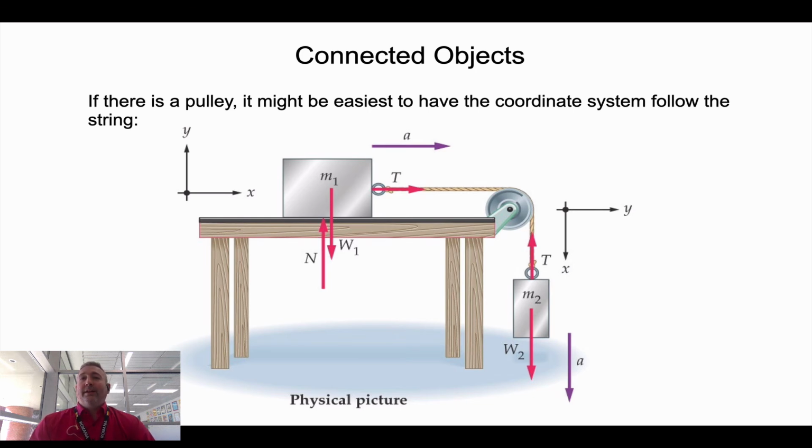One thing that can happen is mass 2 is pulled down but not able to move because the static friction on mass 1 is enough to hold it in place. The other situation is if mass 2 has enough force to cause mass 1 to break free and move at a constant rate, that means it's not going to accelerate.